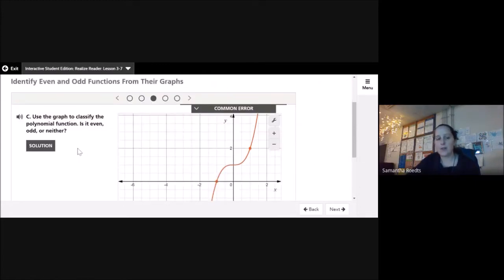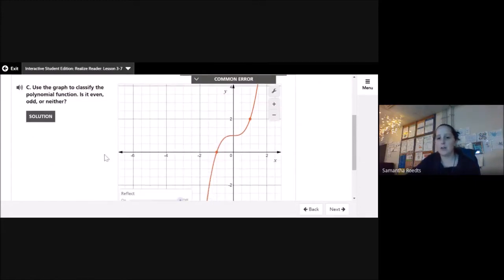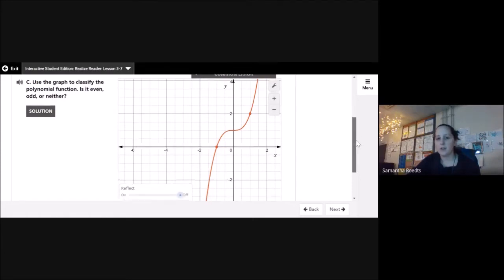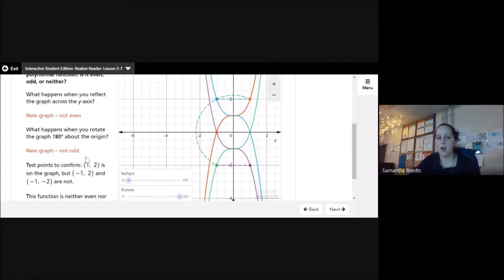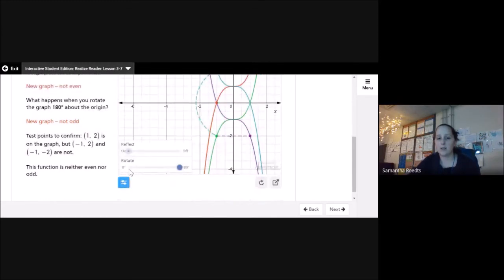So use the graph to classify the polynomial function. Is it even, odd, or neither? So if I reflect, here's my reflection. So it doesn't match up. Here's my rotation. Also doesn't match up. So this is neither even nor odd.